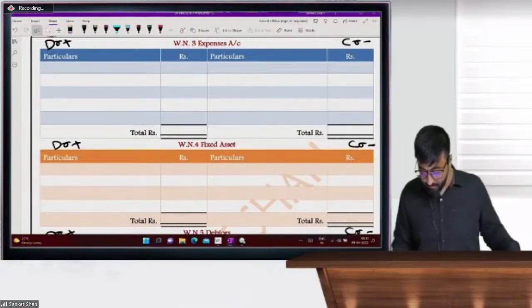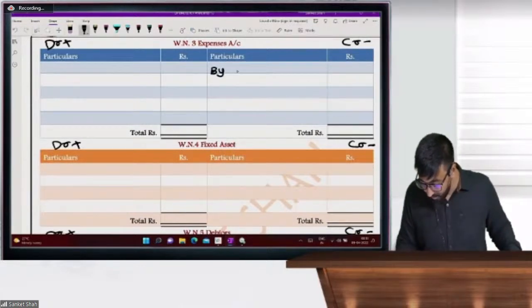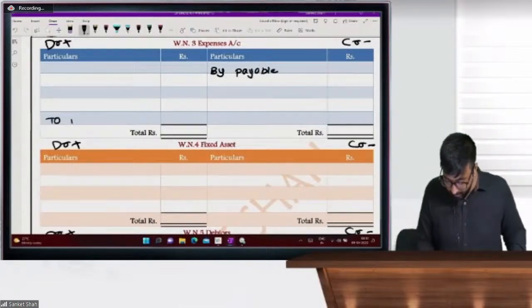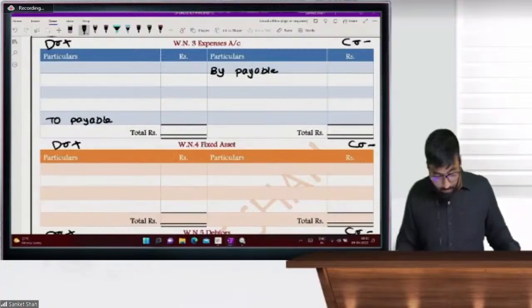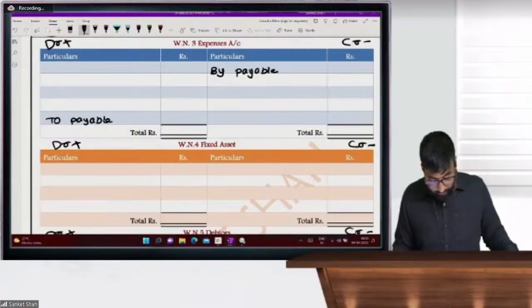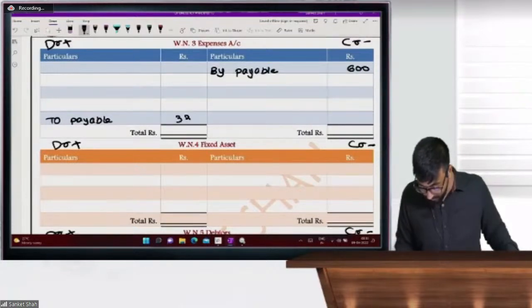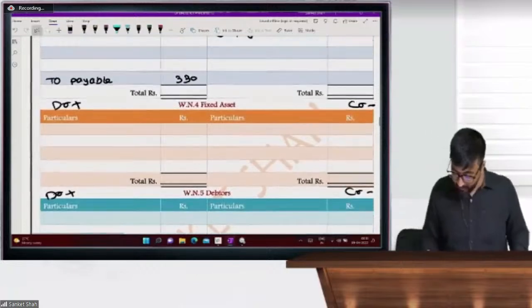यस. एक्सपेंसेस आउटस्टैंडिंग बाय पेएबल, टू पेएबल. By payable to payable. How much? 600, 330. Fixed asset.